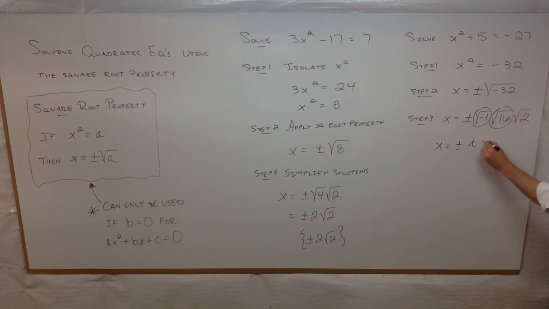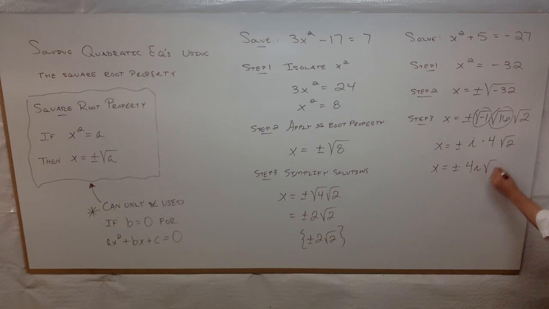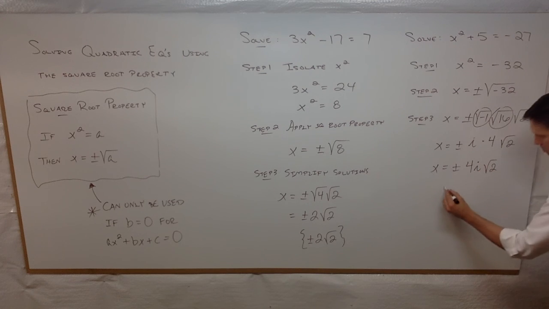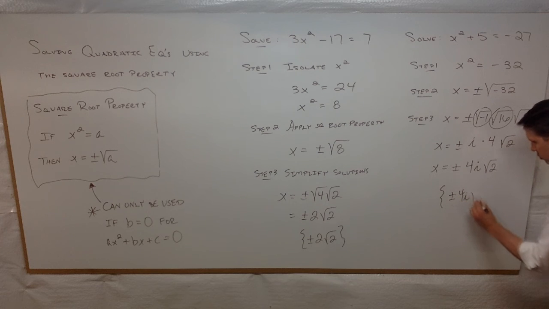Square root of 16 is 4, and the square root of 2, well, it stays the square root of 2. I would write this as plus or minus, I'll write the 4, then the i, then the square root of 2. So, solution set, plus or minus 4i square root 2.